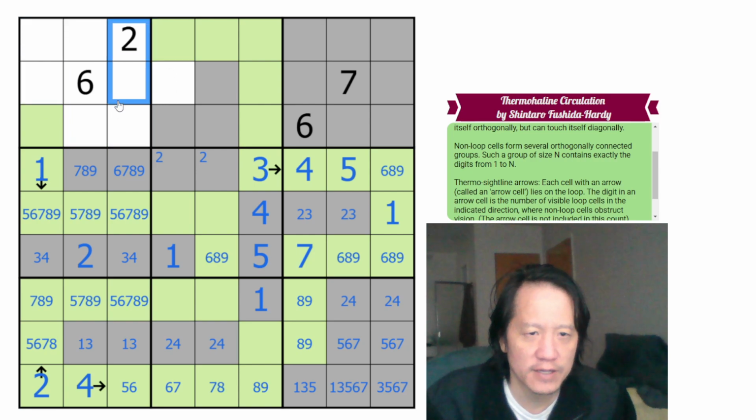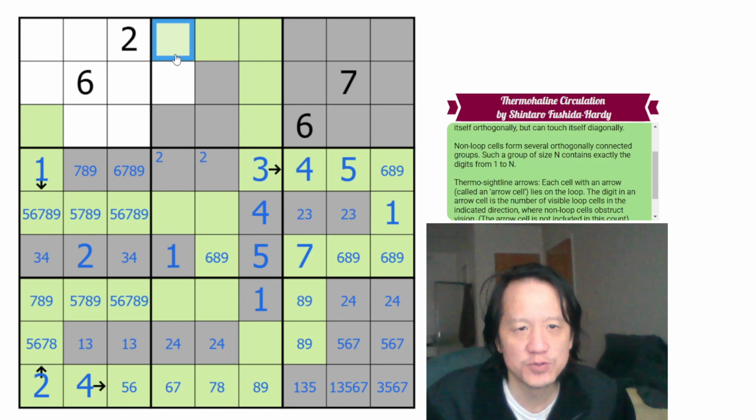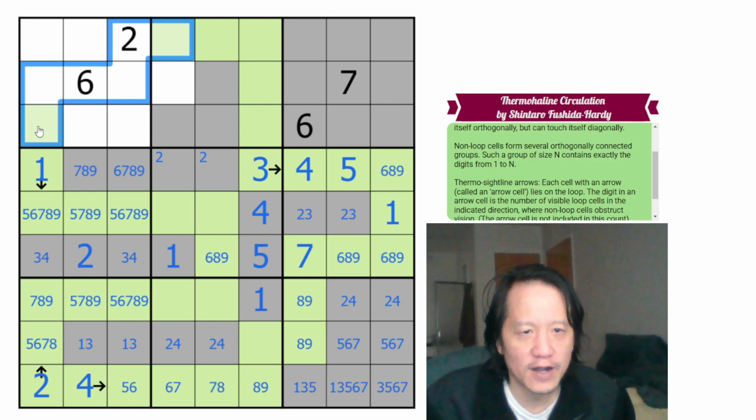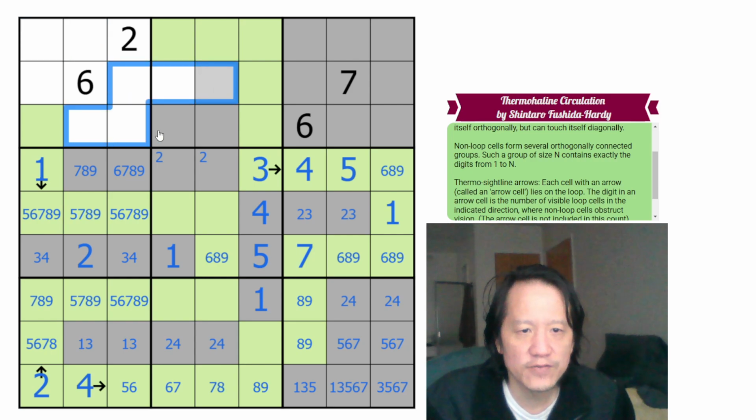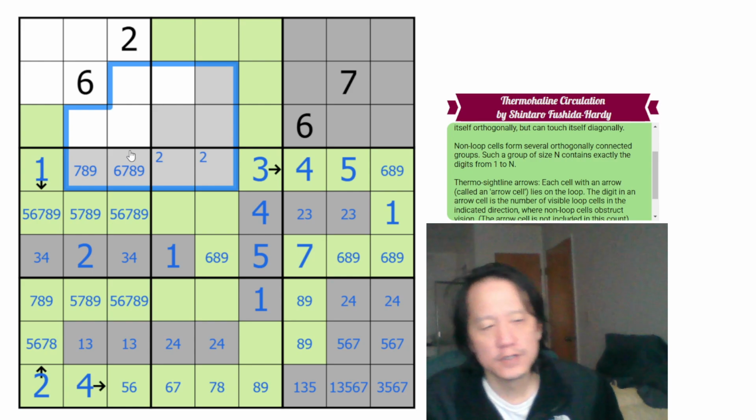It would touch itself this way if it went down and then up. So it can only get at most 1, 2, 3, 4, 5 cells in the box on the loop, right? Therefore, we have left over 1, 2, 3, 4, 5, 6, 7, 8, 9, 10, 11, 12, 13 different non-loop cells. Therefore, it has to form two groups.